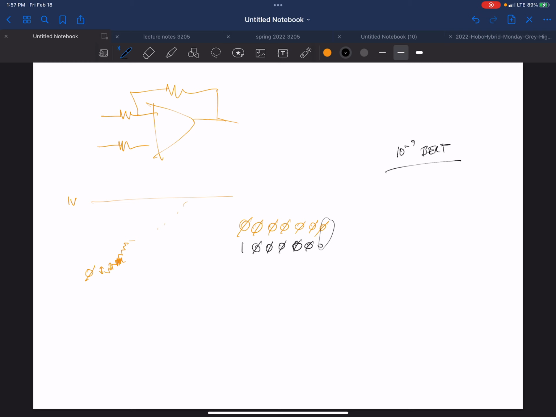Well, guess what? If you had a 10 to the minus 9 bit error rate, every billion bits you could get an error, and you've got a gigahertz clock in your microprocessor, and millions of gates doing functions there. Basically, you'd crash every few seconds, right, before you're ready to restart.